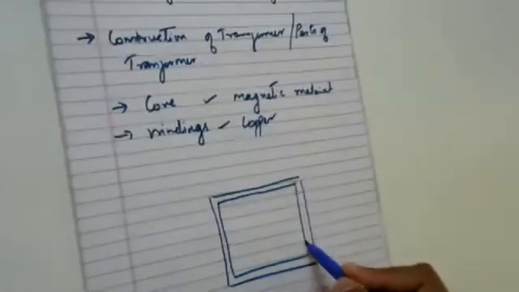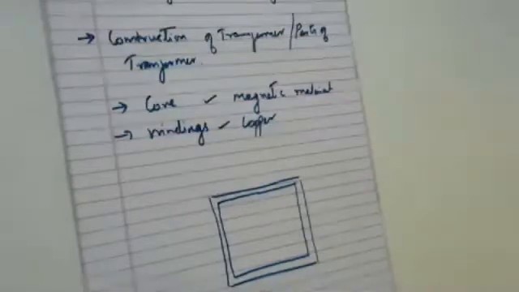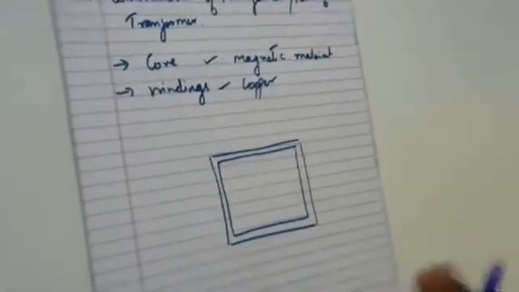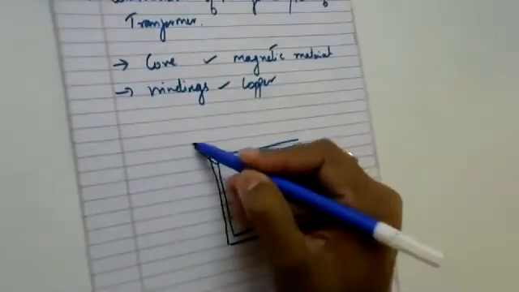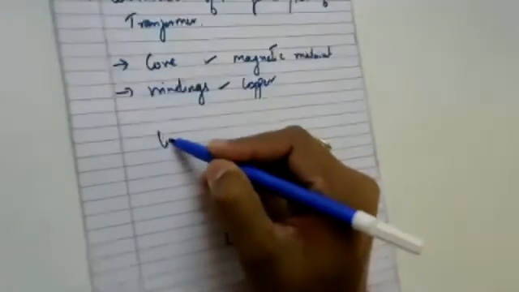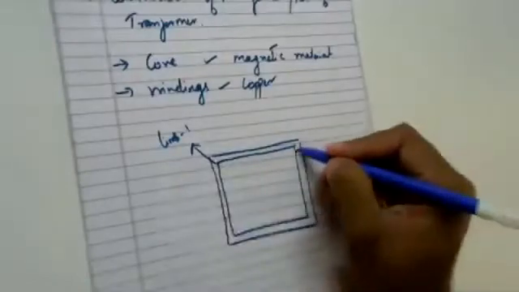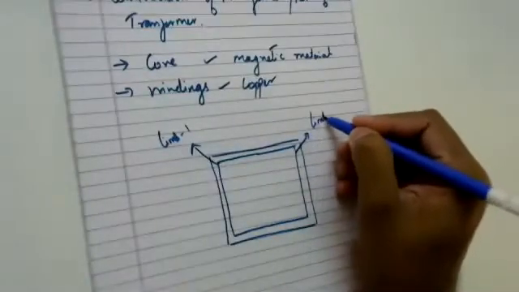So this is the front view. Then these are the limbs. This is the first limb, limb 1, and this is limb 2.